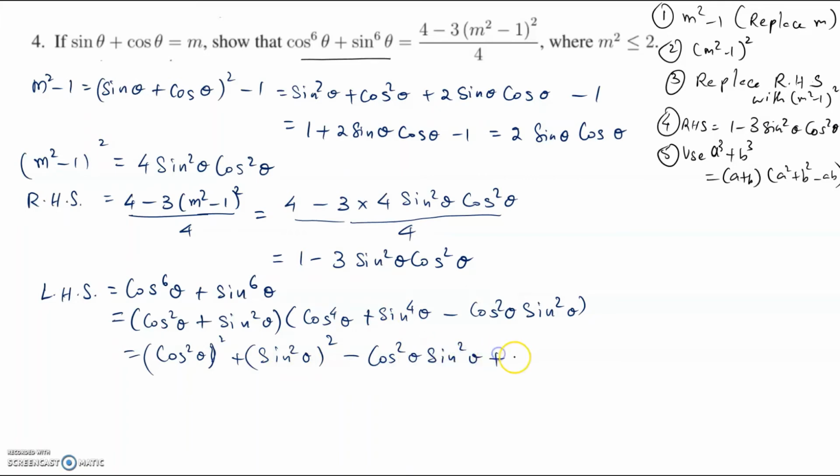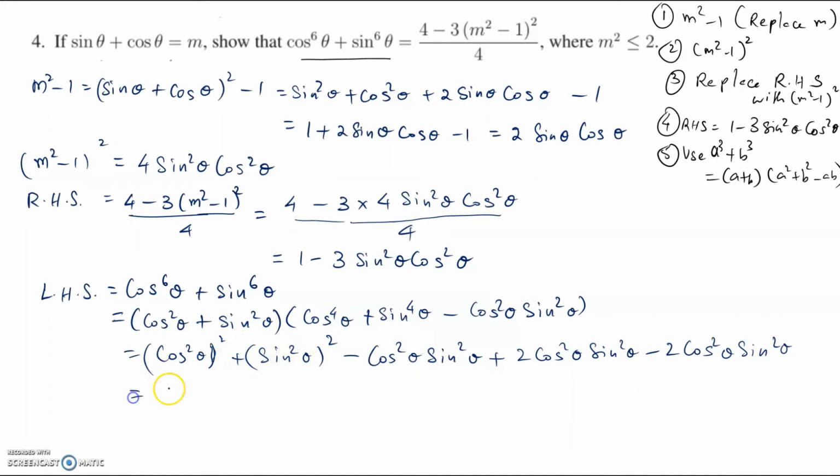If I add this with 2 cos squared theta sin squared theta and subtract it with 2 cos squared theta sin squared theta, then if I take this cos squared theta squared plus sin squared theta squared plus 2 cos squared sin squared theta, then this will become a plus b the whole square.